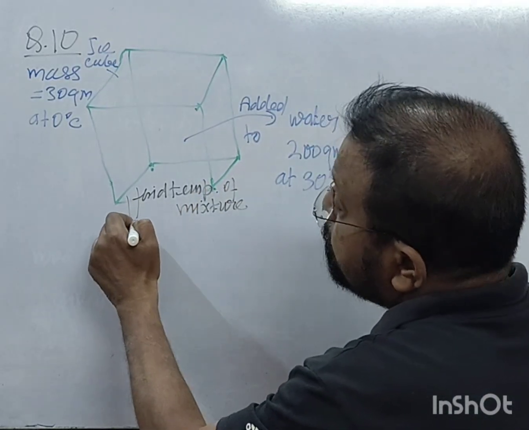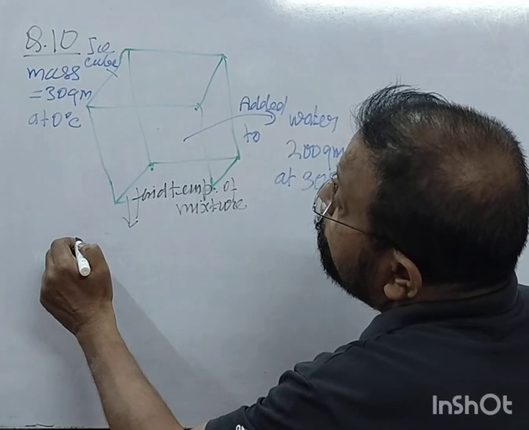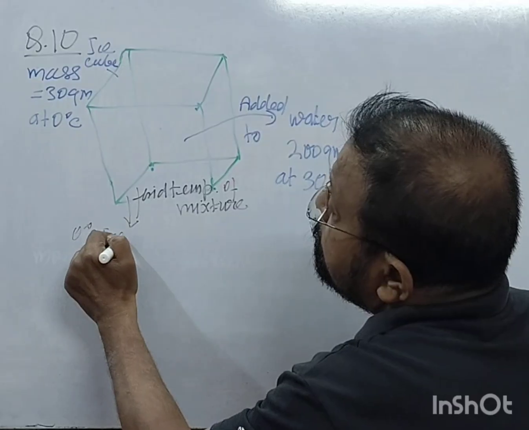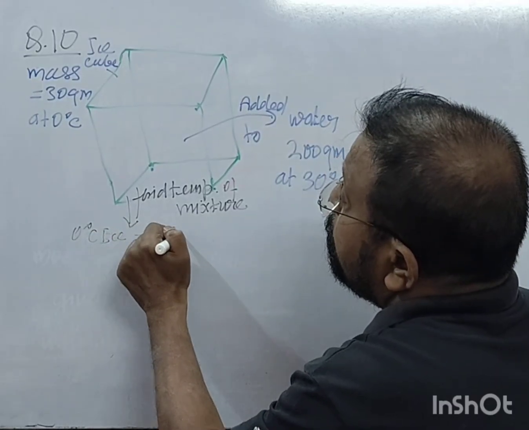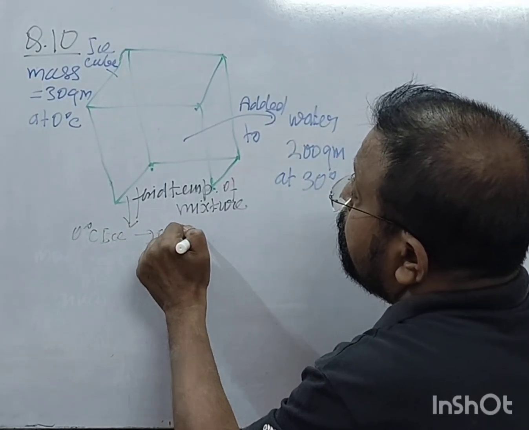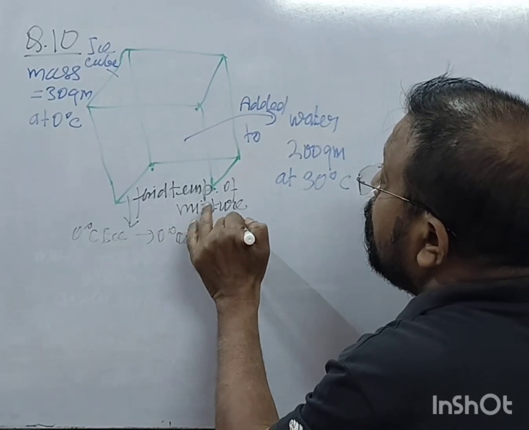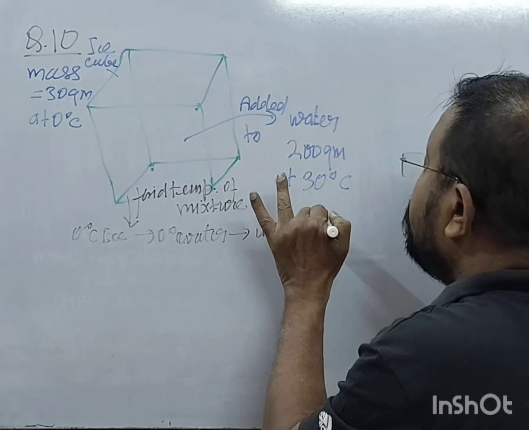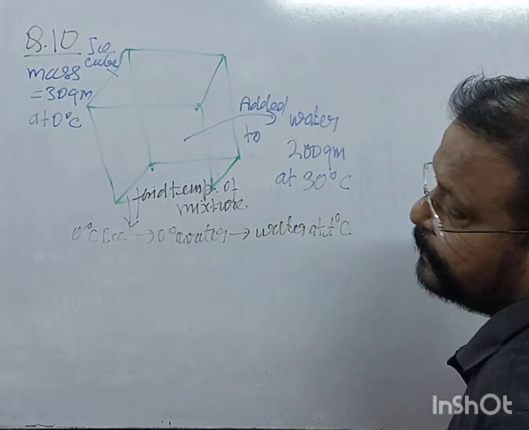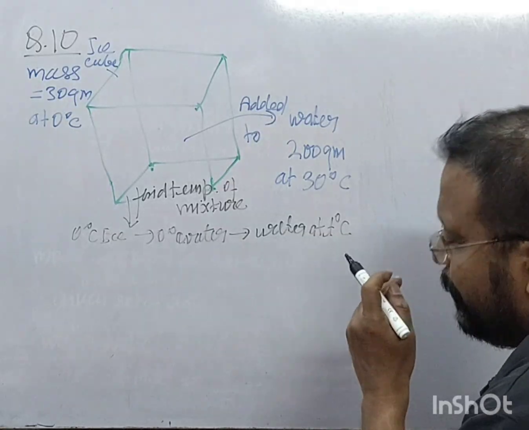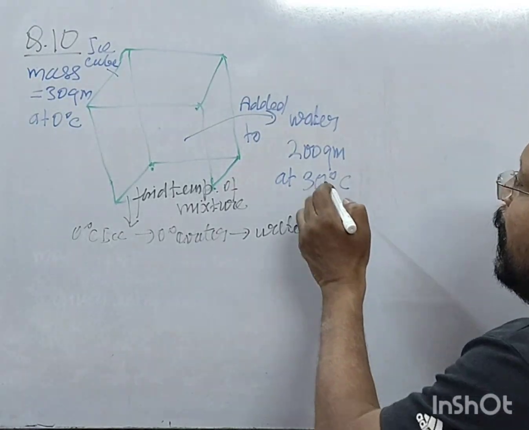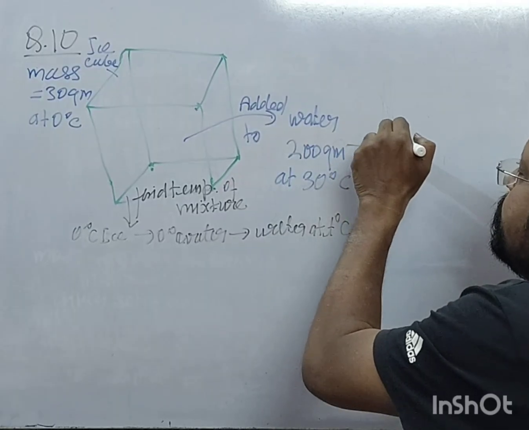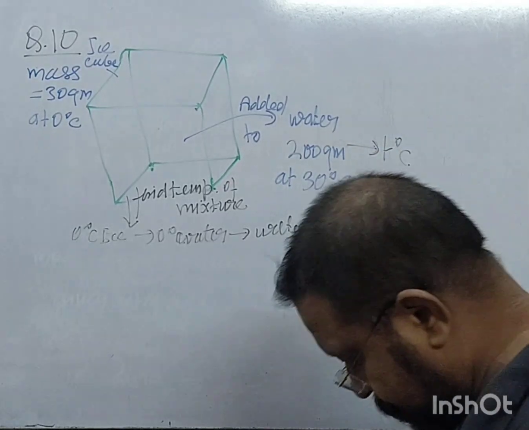This ice converts from 0 degree ice to 0 degree water, and then it comes to water at T degrees Celsius. And this water comes to T degrees Celsius.